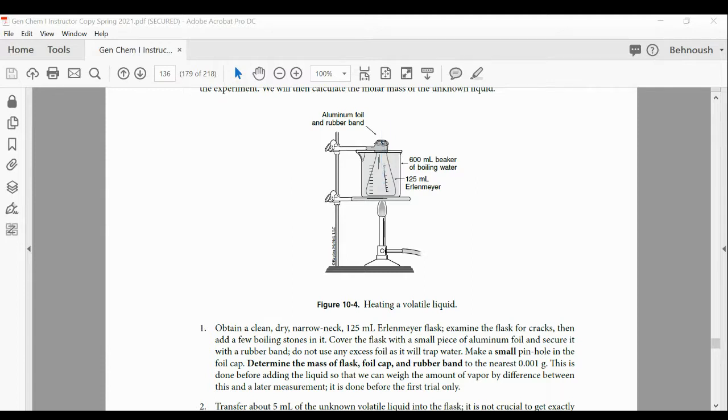Subtracting the differences of the flask. Okay. Could you refer to two specific steps, please? Before adding the liquid, which is the empty flask, and after adding liquid?